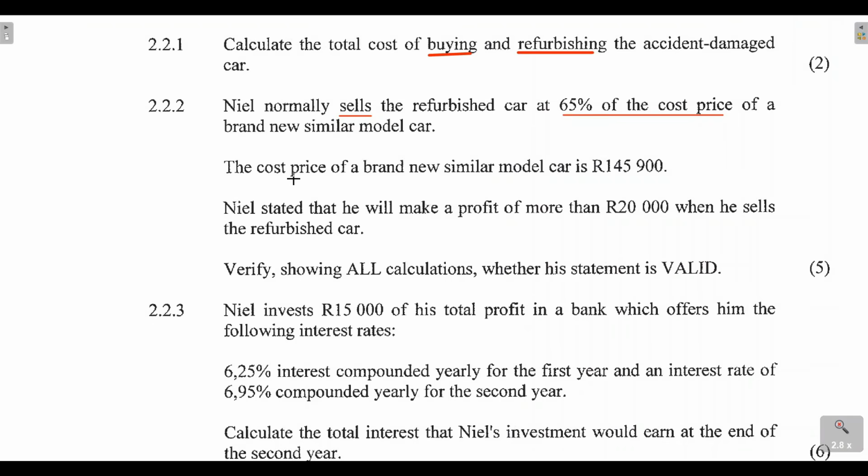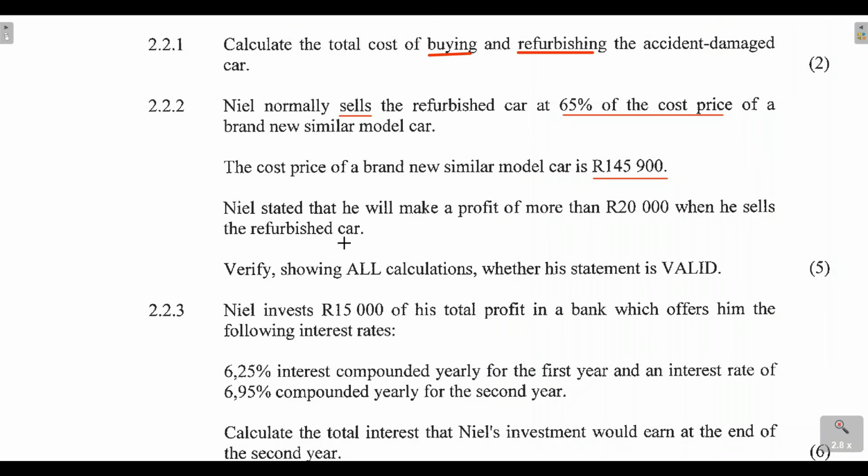We are told that the cost price of a brand new similar car is 145,900. Neil stated that he will make a profit of more than 20,000 when he sells the refurbished car. Now we need to verify, showing all calculations, whether his statement is valid.